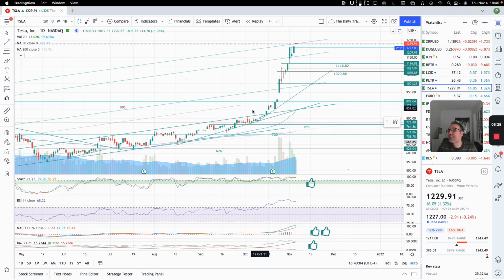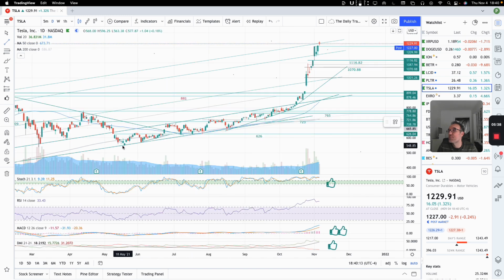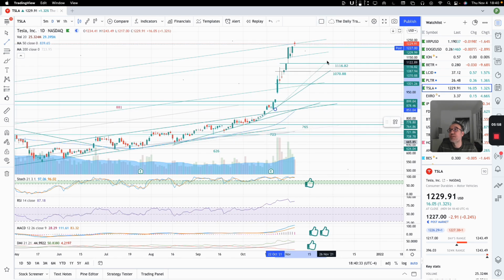Let's investigate a little bit more. So we had this channel, this first channel that was increasing. The stock was making higher lows at this pace here. And then we transformed that into a second slope that was steeper. And then we started a third slope. And right now, basically, we almost have a fourth slope.